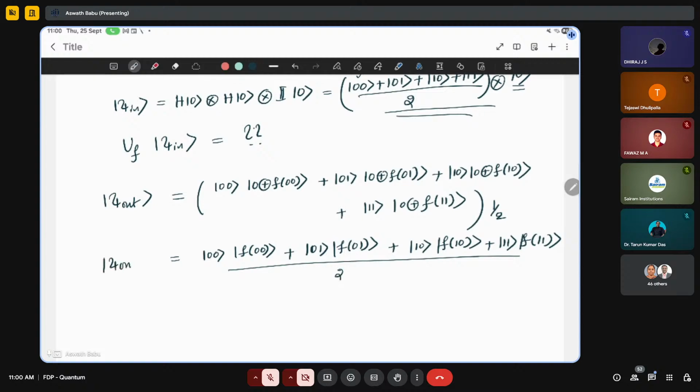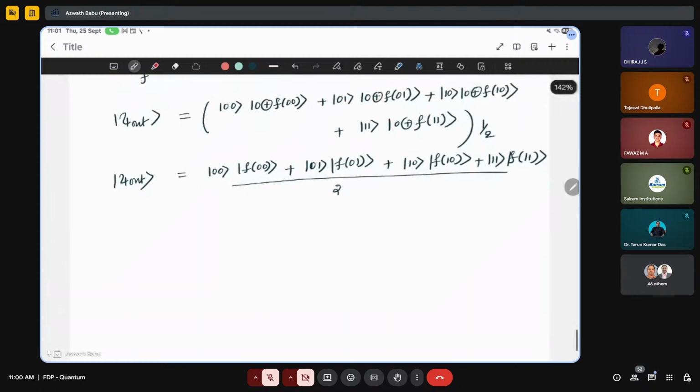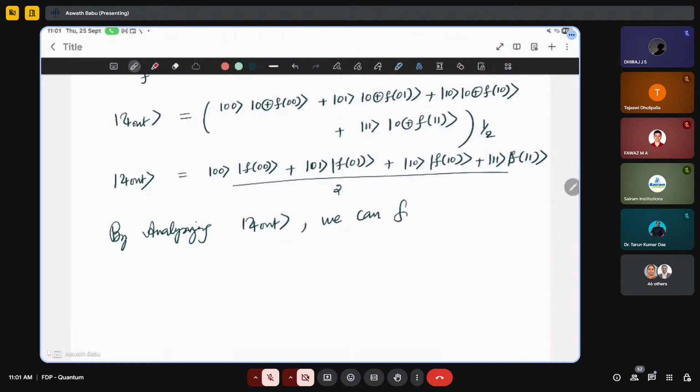That is your psi out. By analyzing psi out, we can find f of 0,0, f of 1,0, f of 0,1, and f of 1,1 in one shot. That is the quantum parallelism allowing me to find 4 functional values in one shot.